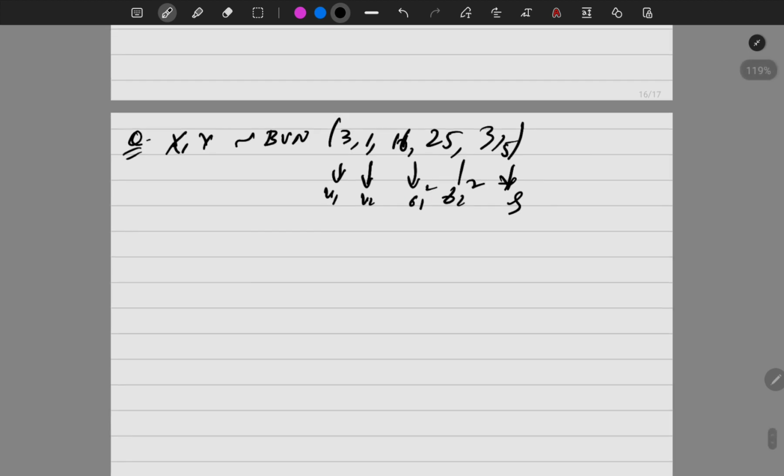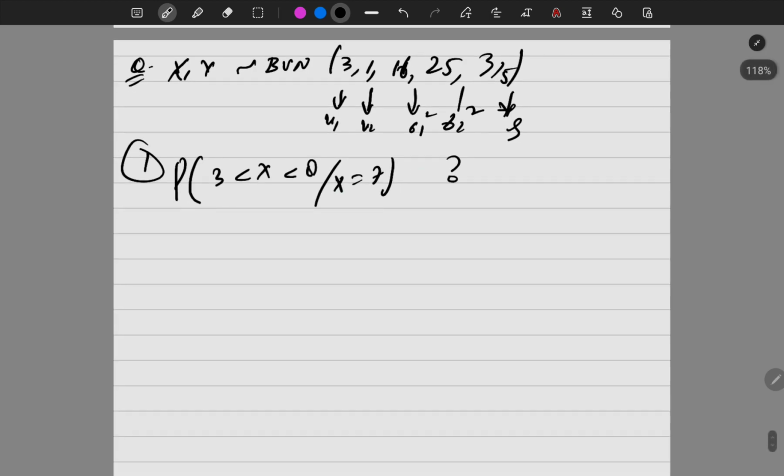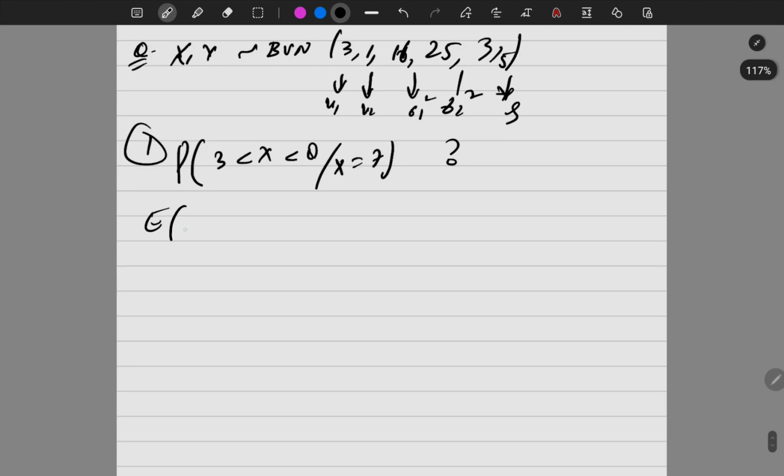We need to calculate their probability, and what will be the expectation of x given y, variance of x given y, and what will be the covariance between x comma y. We need to calculate this.